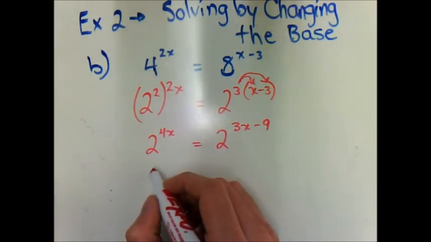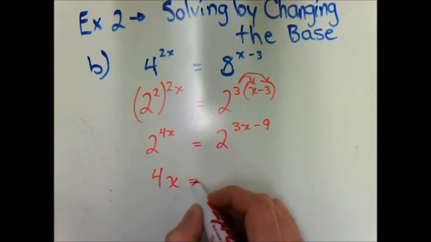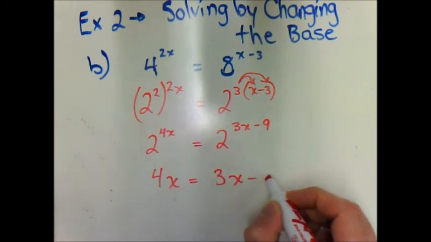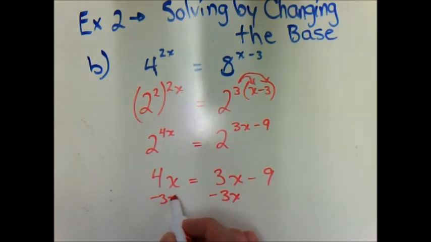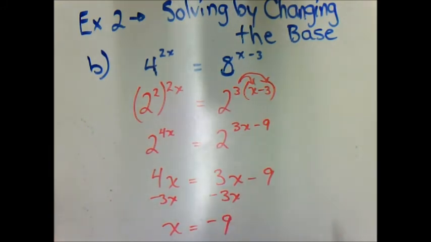Now I have 4x equals 3x minus 9. I can subtract 3x from both sides, which leaves me with x equals negative 9, and that is the solution.